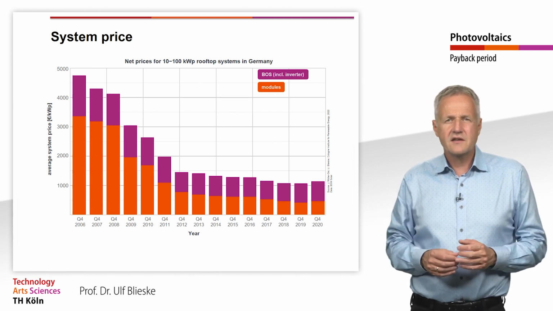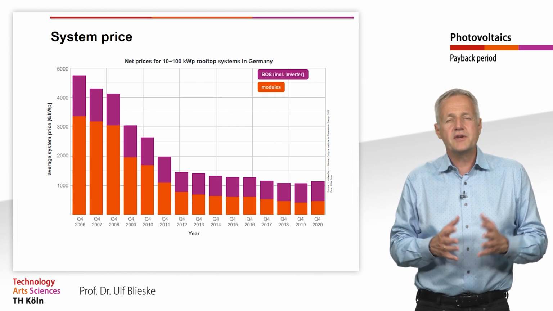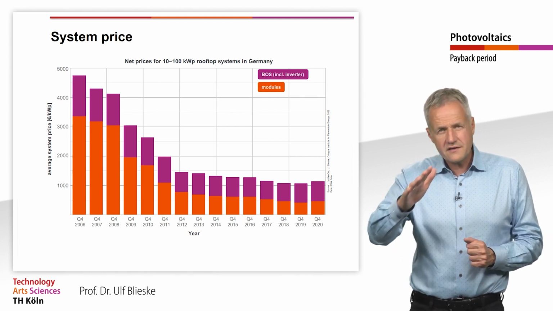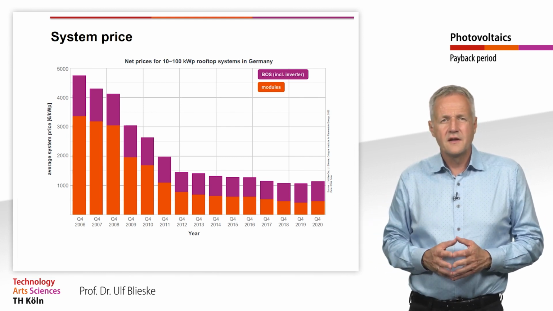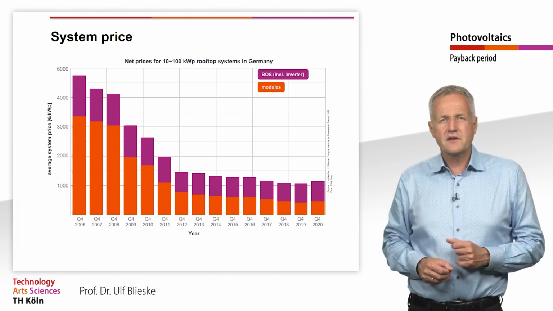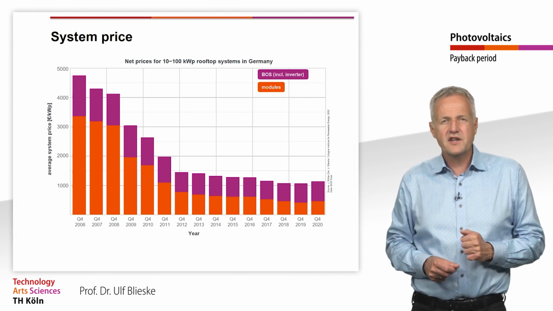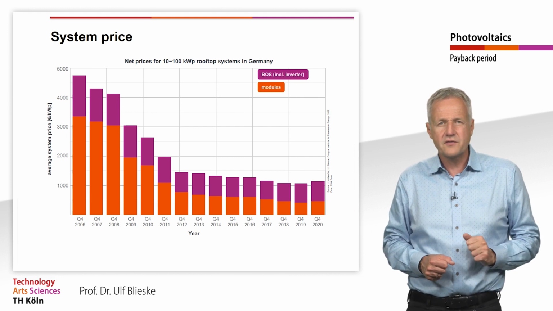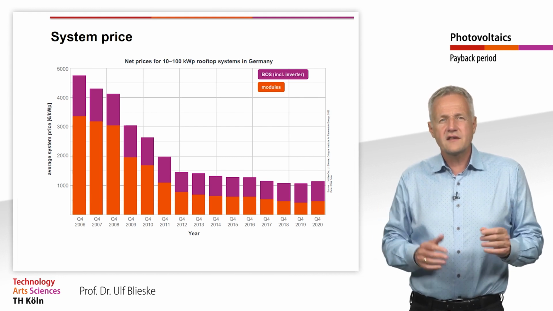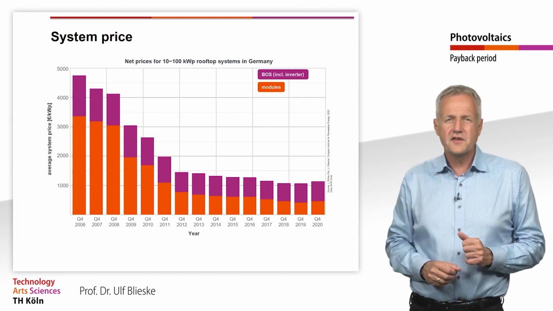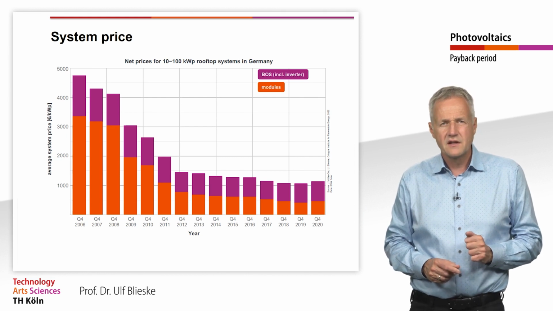It can be seen that a large part of the cost reduction can be attributed to the lower prices for PV modules. As a result of the Corona pandemic and transport problems between Asia and the rest of the world, the module price has slightly increased again for the first time in 2020.